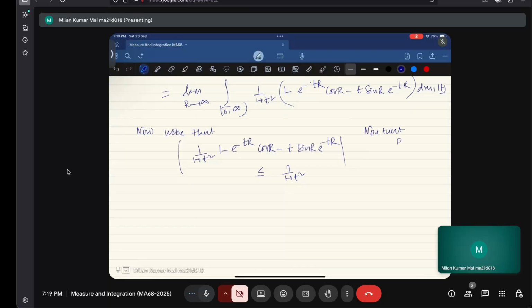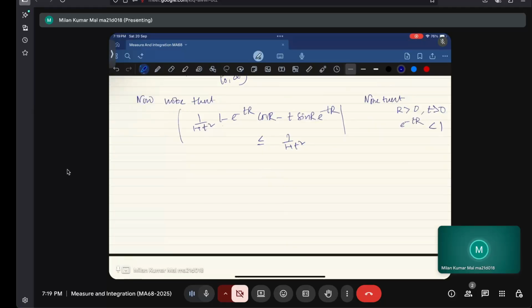If r is greater than 0 and t is greater than 0, then e to the power minus tr has to be greater than 0, whatever tr it is. So that means e to the power minus tr has to be less than 1. Am I correct? At the point 0, it is giving value 1. So below 0, it will give value less than 1. So this is correct.